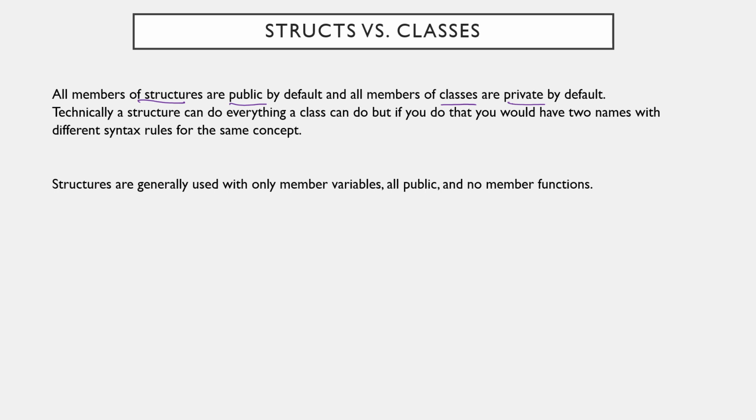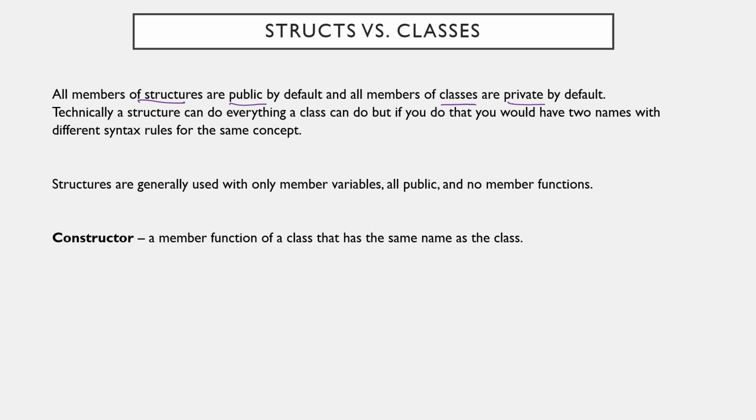Generally structures, you can put member functions in structures, but that's not the design. That's not what they're meant for. They're just meant for creating a bunch of diverse data as one object, where classes are meant to create diverse data and not only have one object, but allow you to perform operations on your objects.